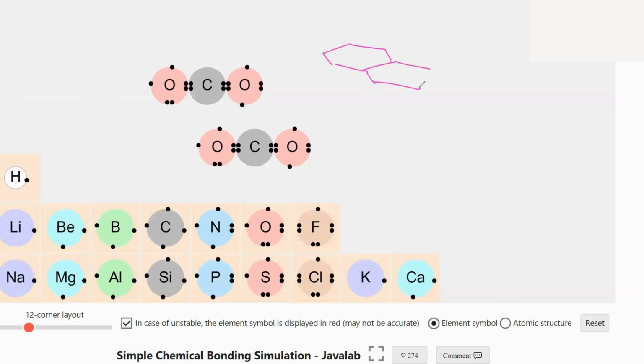If you look at any carbon, for example, I'm picking this carbon, how many bonds are there for this carbon? One, two, three. Just three. But every carbon has four valence electrons, so only three electrons are involved in bonding. One electron is free.